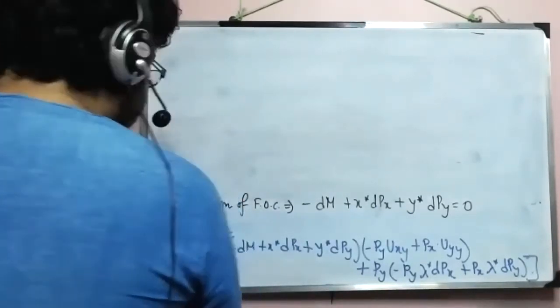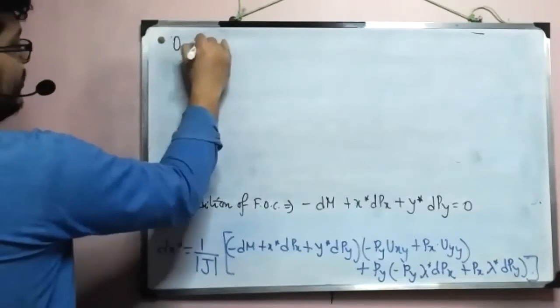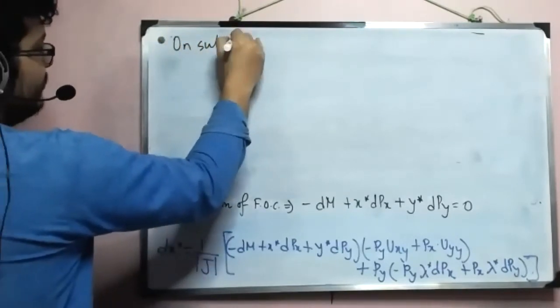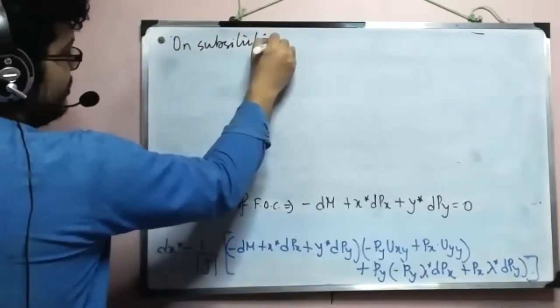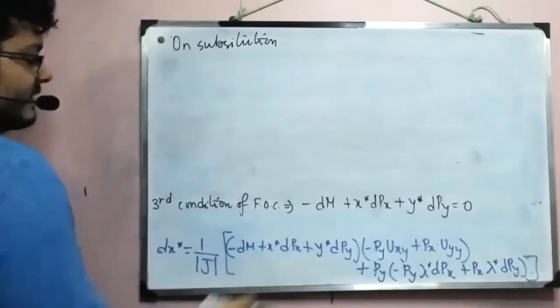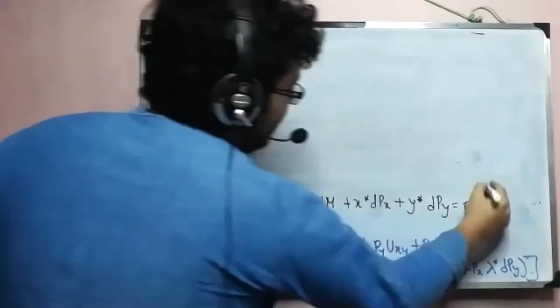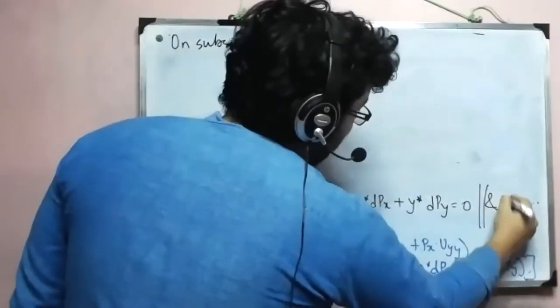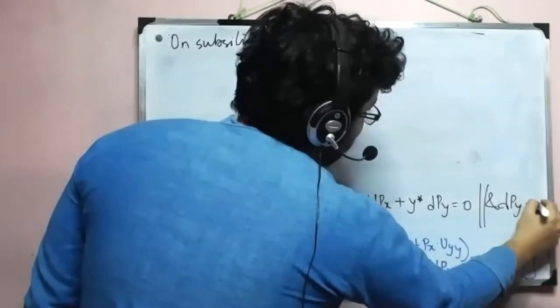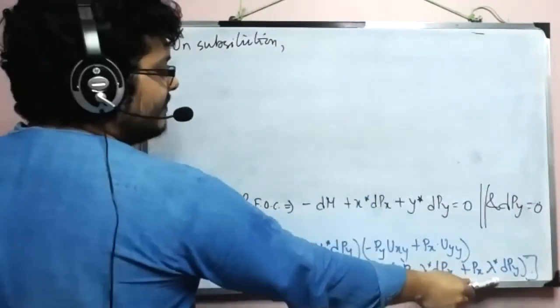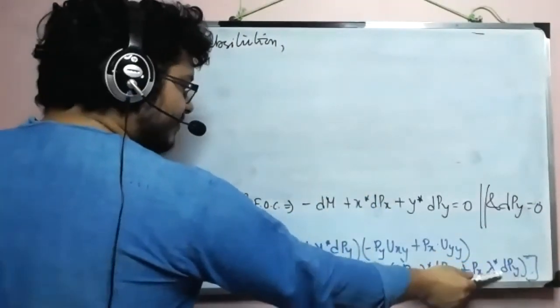We're going to do two things. Number one is on substitution. So substituting this on substitution, we have this one, this is equal to 0. And here, just to mention, we also have dpy equal to 0. So this expression, the last expression, will also be 0.